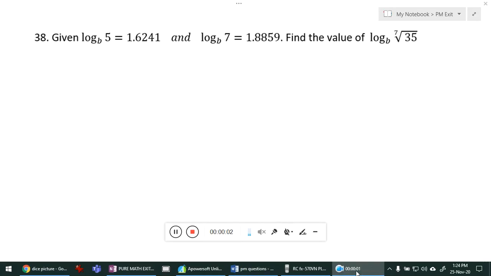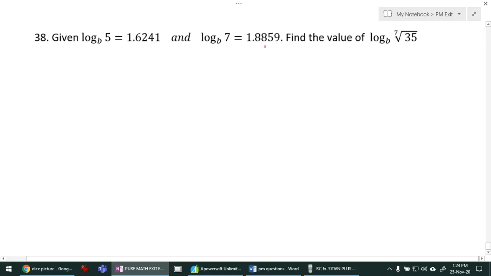Log 5 is 1.6241. Log 7 is 1.8859. Find the value of log base b of the 7th root of 35. So how will you find this?